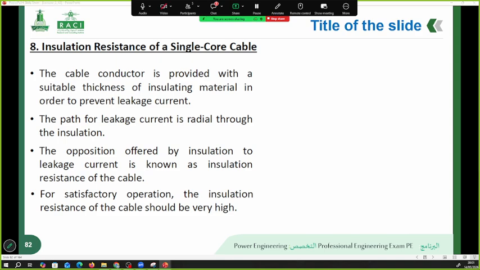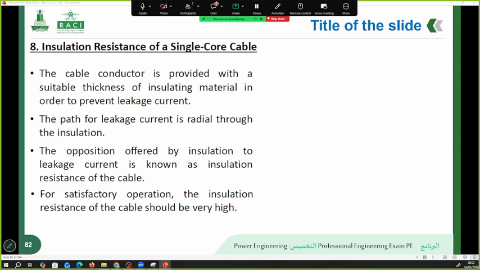Based on this slide, insulation resistance is a crucial property of an electrical cable, representing the opposition offered by the insulating material to the flow of leakage current. To ensure safe and efficient operation, a cable conductor is encased in a layer of insulating material of a specific thickness.